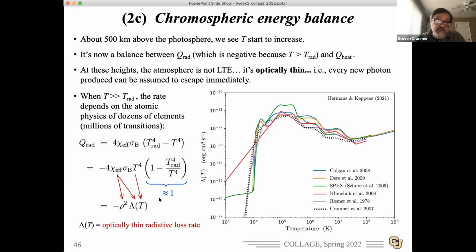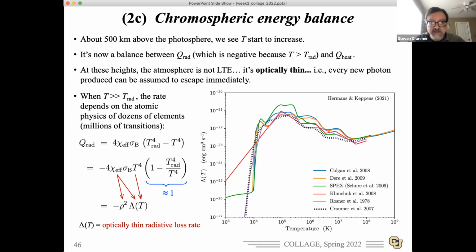Often this term in parentheses is just ignored, and everything else is written as an optically thin radiative loss rate that's proportional to the square of the density, which comes into play in the opacity of the various sources of the photons. And this temperature dependence gets folded into this function, the radiative loss function. I've plotted here 6 different versions of it.